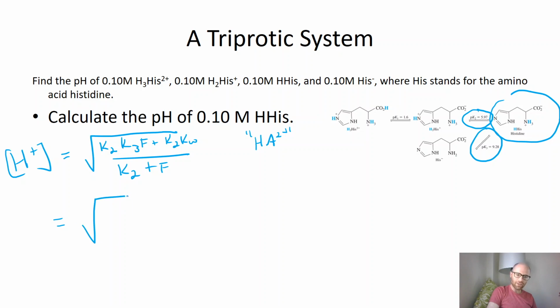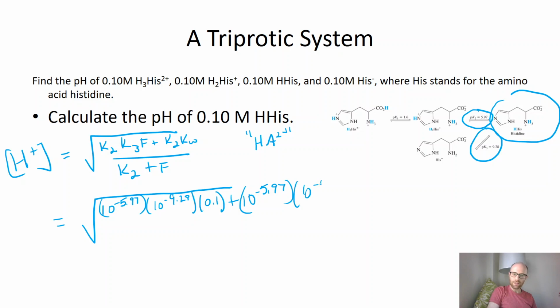Plugging in actual values here, we should have 10 to the negative 5.97 times 10 to the negative 9.28 times 0.1 plus 10 to the negative 5.97 times 10 to the negative 14, all over 10 to the negative 5.97 plus 0.1.